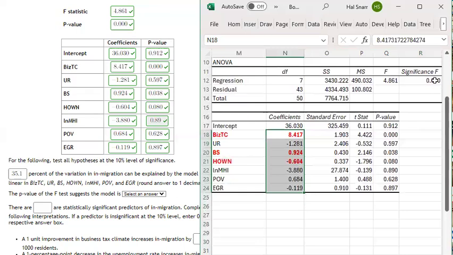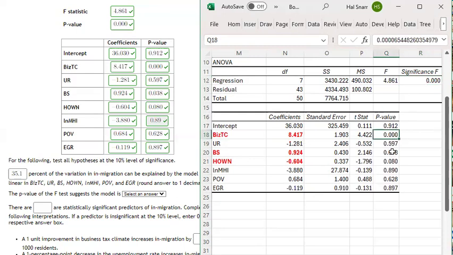And we're going to reject that because the p-value is so small, and the F statistic is way up in its distribution. If none of these variables did a very good job of predicting in migration, the F statistic would be closer to 1, and the p-value would be a lot larger.